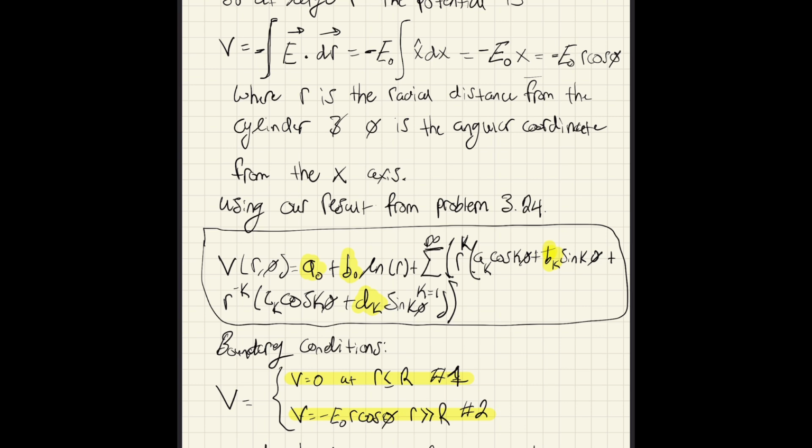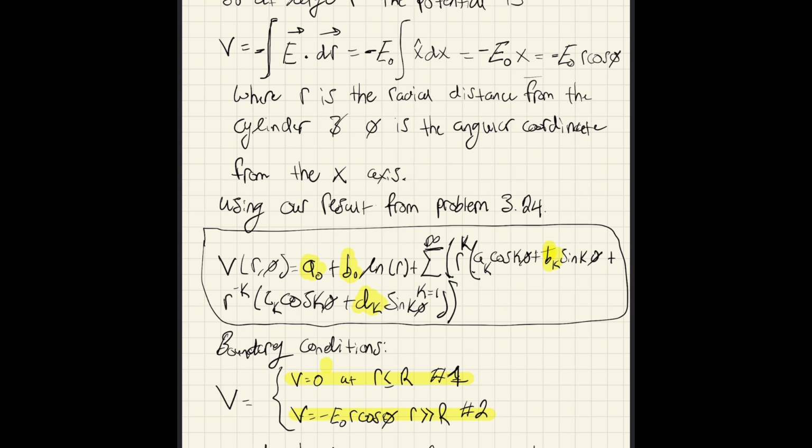Because if you plug in capital R, or plug in large values of r, this whole general solution should reduce down to these things given those conditions. There's no constant term in our boundary conditions, and there's no natural log term, so A naught and B naught must be 0. There's no sine terms in our boundary conditions, so the coefficients on the sine term should also be 0. So that's how we're getting that.